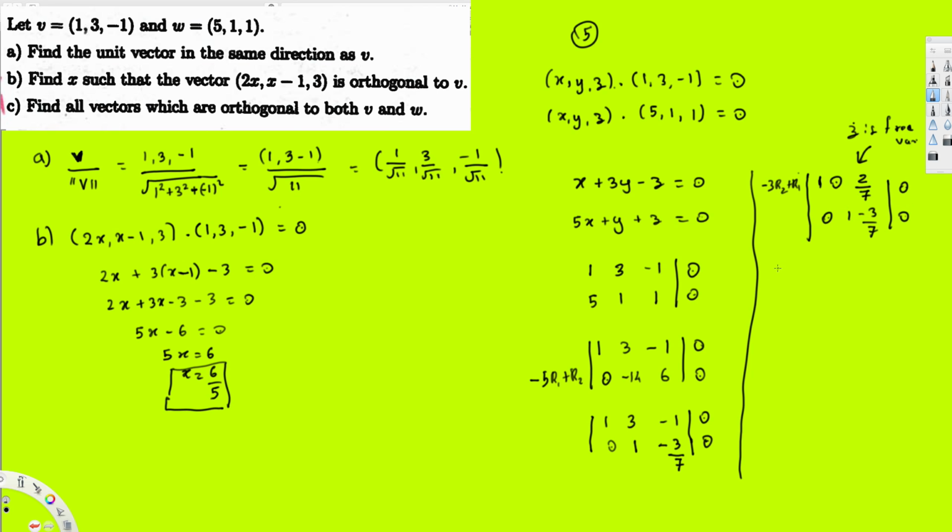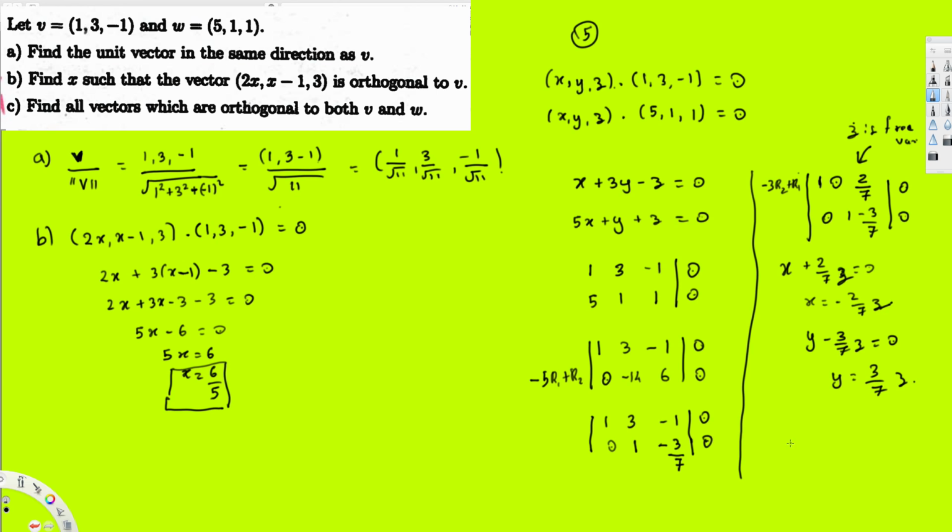If I solve this, the first equation is x plus 2 over 7 z is equal to 0, therefore x is equal to -2 over 7 z. Then y minus 3 over 7 z is equal to 0, then y is equal to 3 over 7 z.